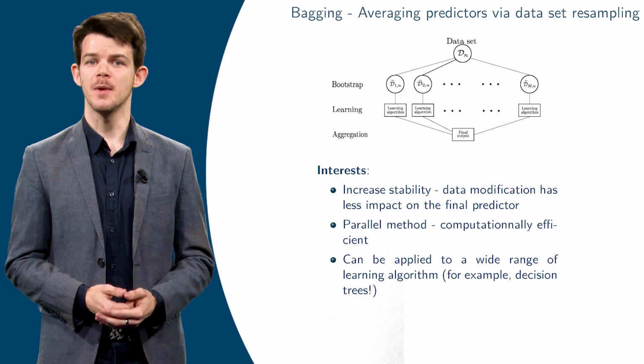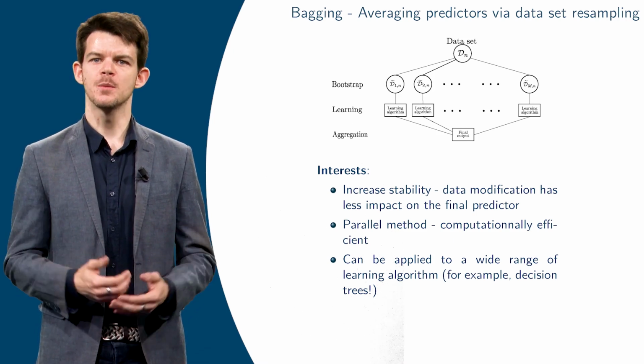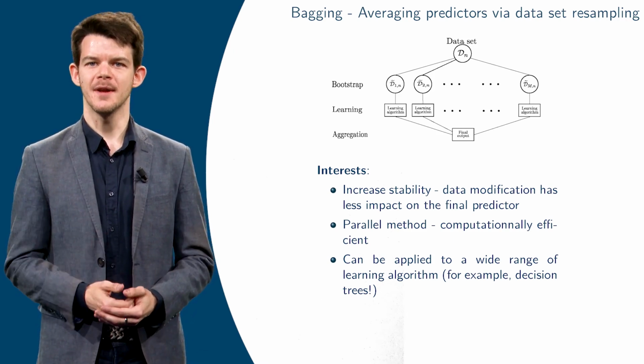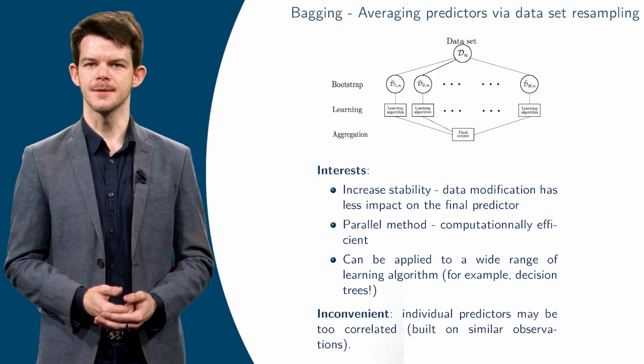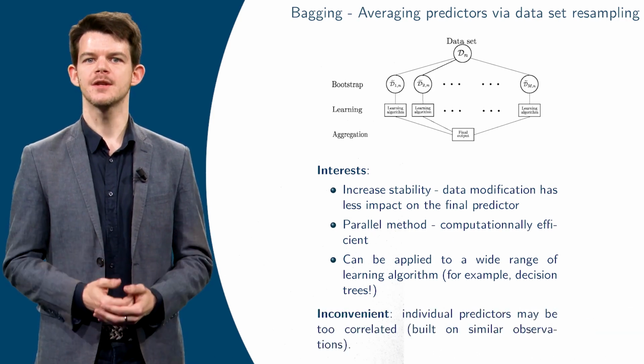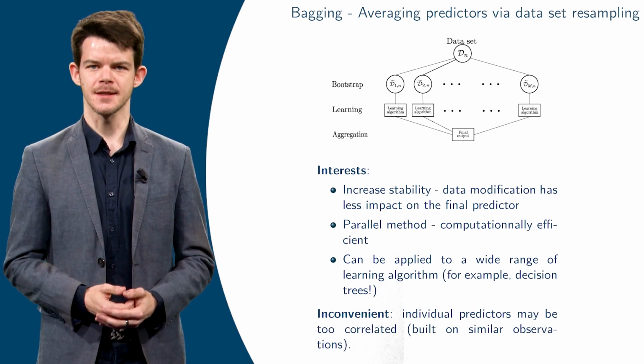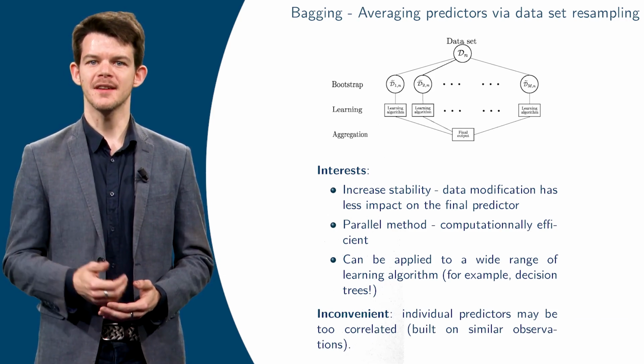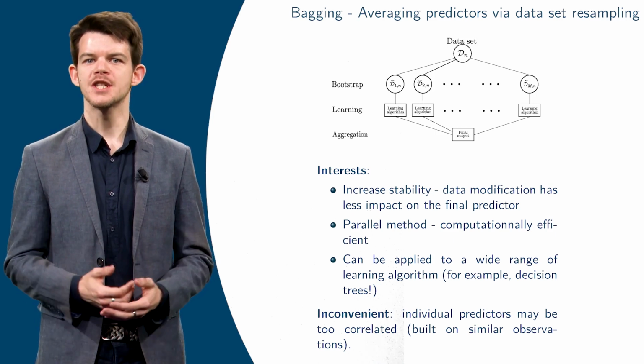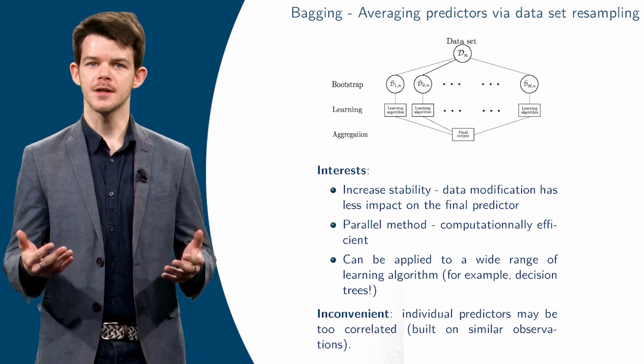However, there is a drawback to bagging. The individual predictors built on each of the bootstrap datasets can be highly correlated. This is because all of these predictors are constructed from datasets resulting from the same initial dataset. The data from the bootstrap datasets are quite similar, which can make the predictions of the trees quite close.